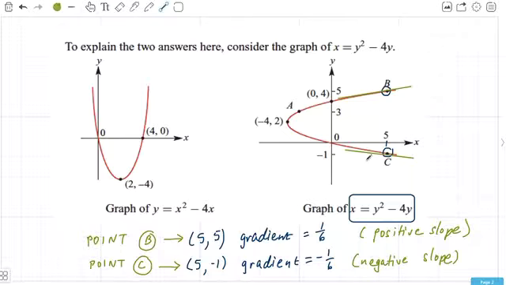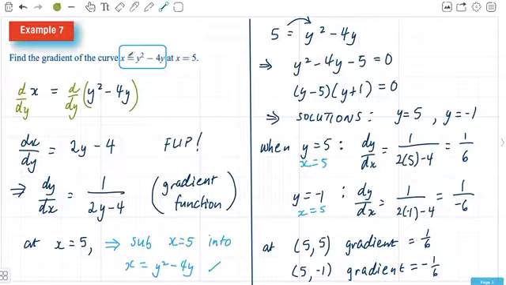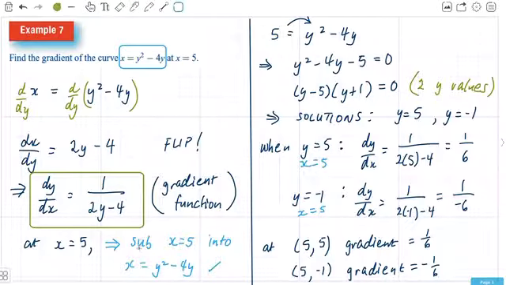So the fact here is that you have two points at x equals 5, which you find by solving this equation for y. Plug in x equals 5, get your y values. In this case, you have two y values for that particular x. Then use those y values in your gradient function, because your gradient function is given in terms of y only.